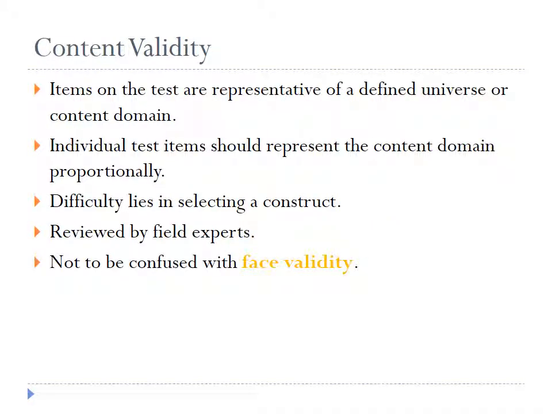The first of these is content validity. In content validity, we're talking about the items on the test representing a defined universe or content domain. And the items on the test should represent content domains proportionally.